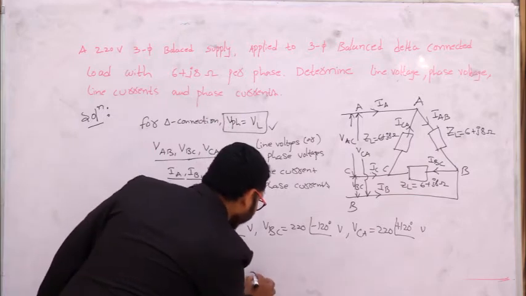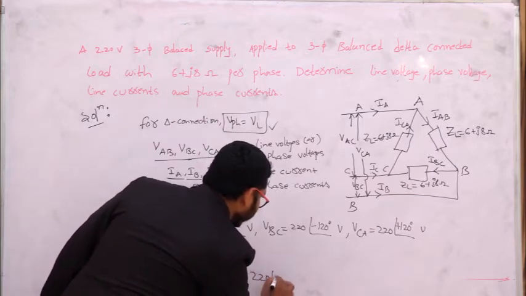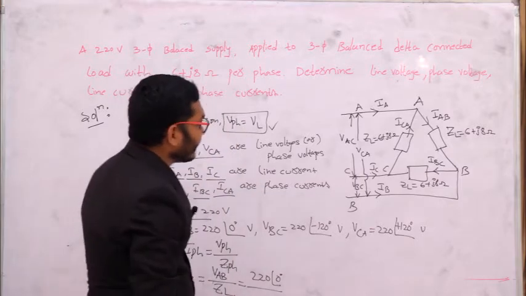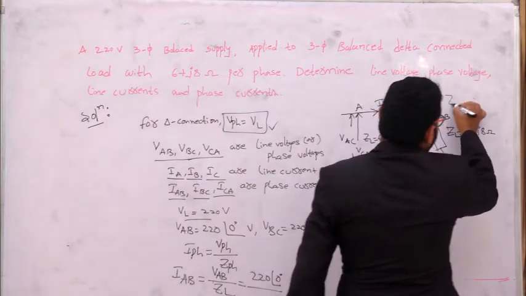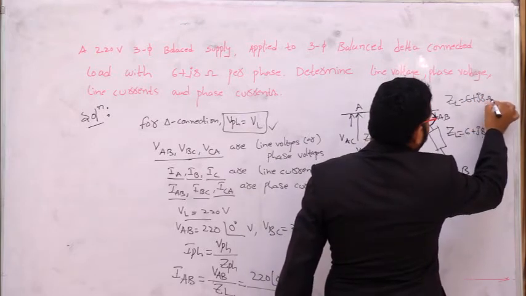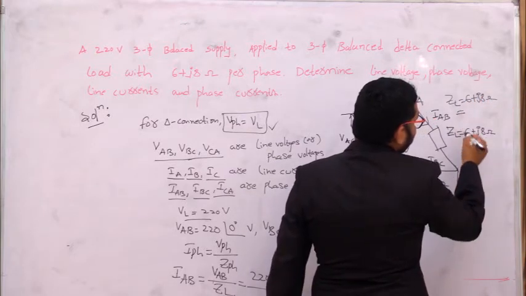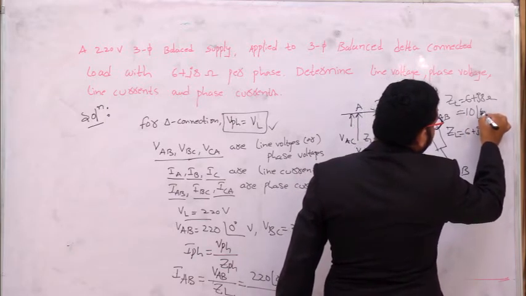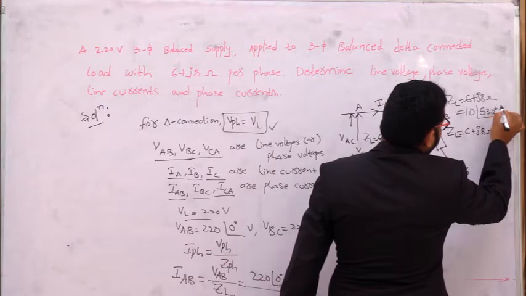VAB is 220 at an angle 0 degrees. ZL equals 6 plus j8 ohms, which in polar form is 10 at an angle 53.2 degrees.